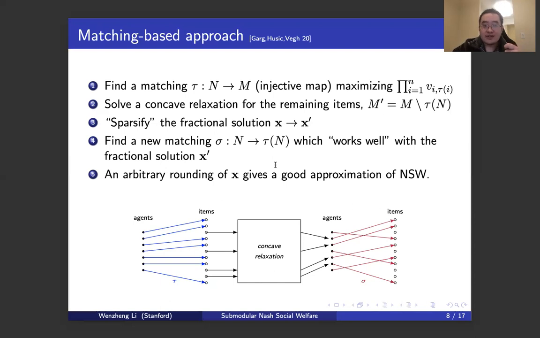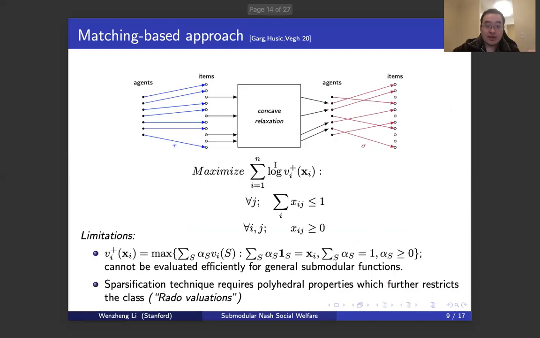However, in the real algorithm, this still needs some additional properties to implement each step. More specifically, there are two limits to their actual algorithm. First, they were trying to solve this program exactly. That means you have to use the concave closure of the valuation function.